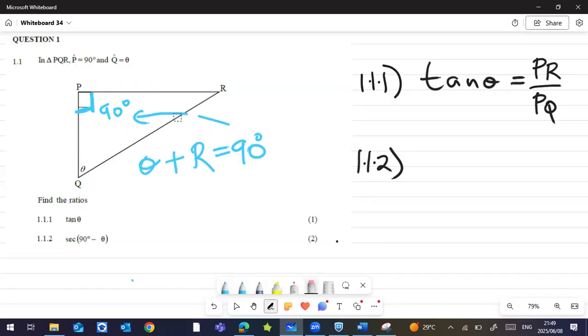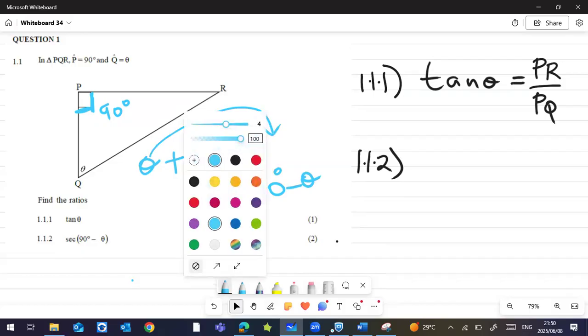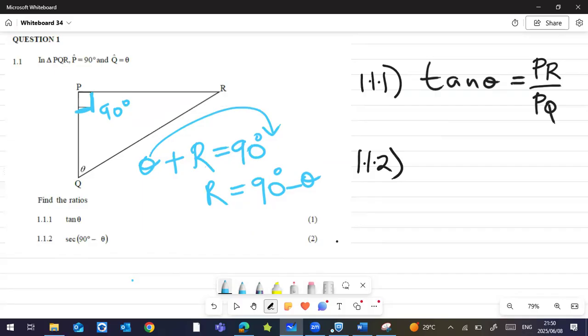So what it means now is that this angle R is the same as 90 degrees minus theta if you transpose that theta to that side. So when we talk about 90 degrees minus theta, we are simply referring to this angle R. So meaning that angle R is the one that is 90 minus theta.